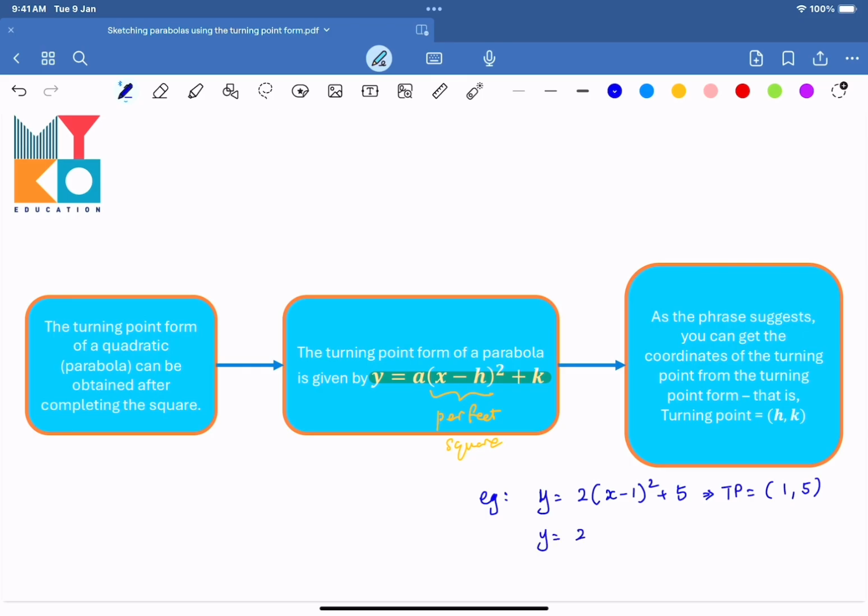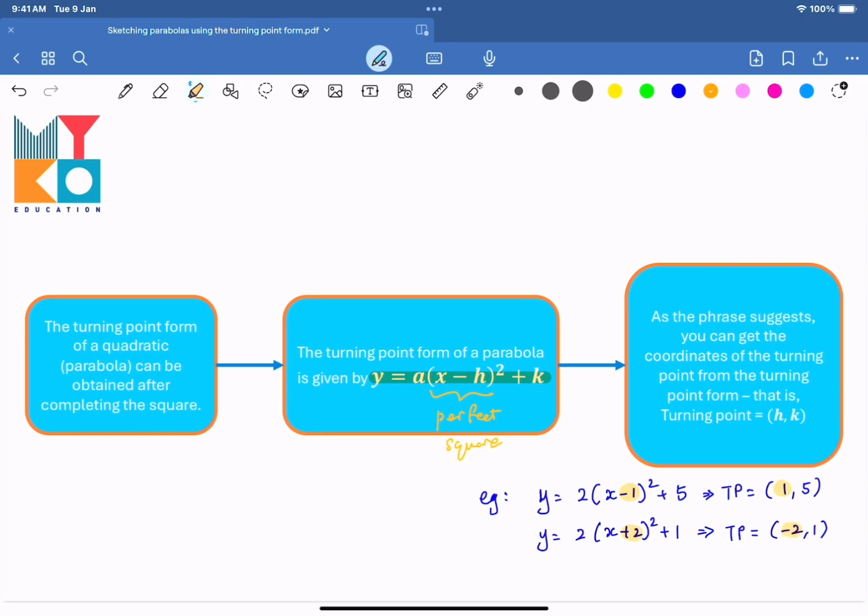If I have y equals 2 times (x plus 2) squared plus 1, the turning point itself is going to be (minus 2, 1). Take note that if this is a minus 1, this becomes a 1. If this is a plus 2, it becomes a minus 2.